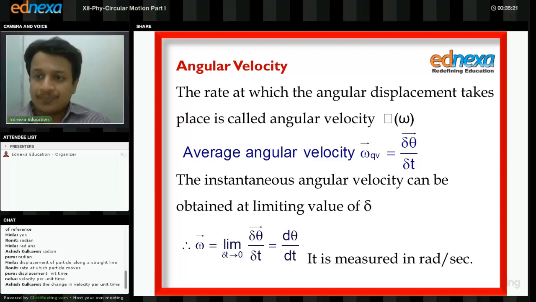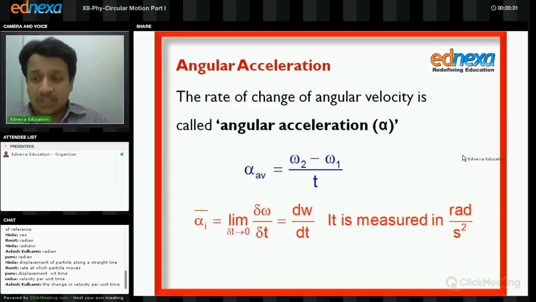Here is the definition: angular acceleration, the rate of change of angular velocity, or change in angular velocity per unit time, is known as angular acceleration. Alpha is equal to omega 2 minus omega 1 upon t.